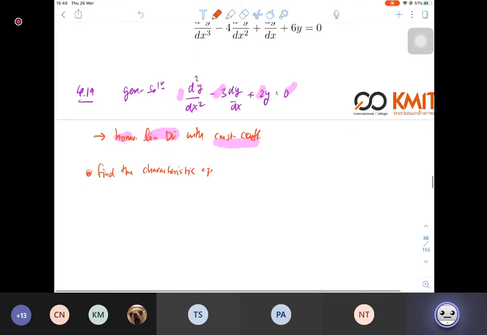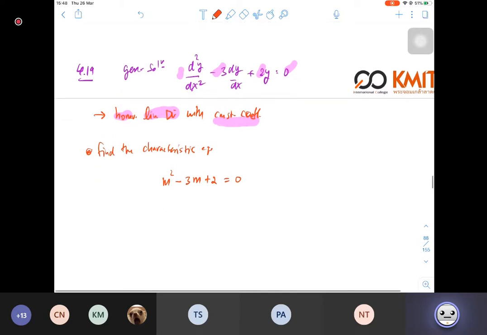It's quite easy to find because we just substitute the derivative with m. The second derivative for the first term becomes m squared, -3 times the first derivative becomes m to the power of 1, and then y is just m to the power of 0, so it's just plus 2, equal to 0.